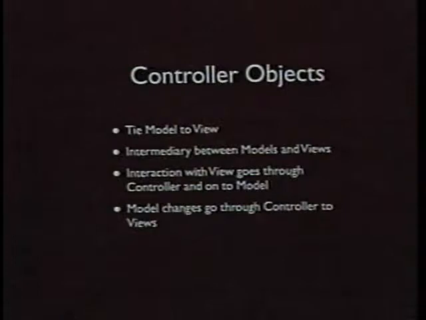So the controller is basically the thing that hooks the model and the view together, and it plays this intermediary role where if I interact with the view, it will first go through the controller, and then the controller will send that information along to the model. And vice versa, if for some reason my model has changed and my view needs to be updated, it will go from the model to the controller and to the view.